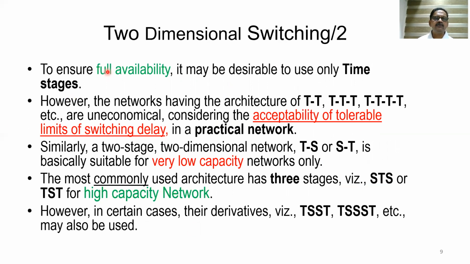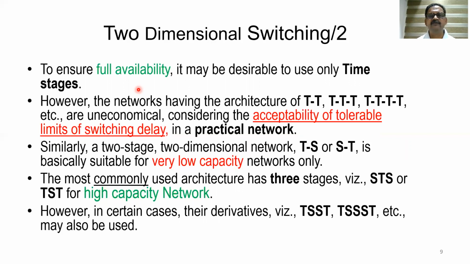To ensure full availability, it may be desirable to use only time stages. So as we already understood, there is no blocking in time. So to ensure full availability, it is desirable to use only time stages.